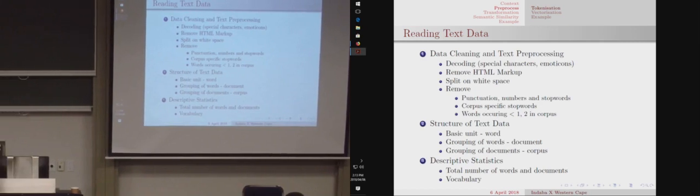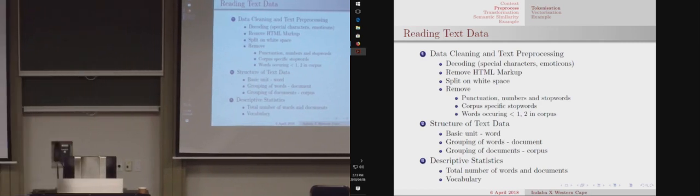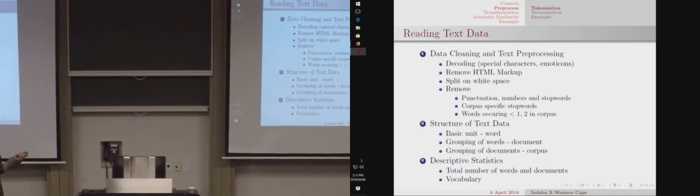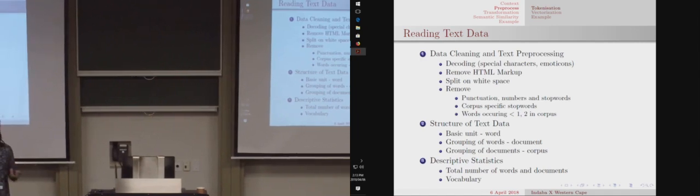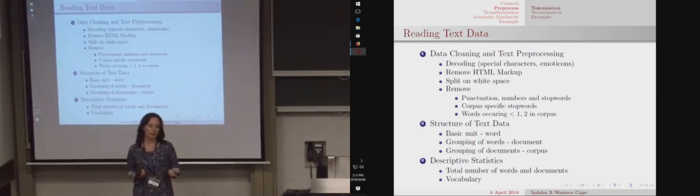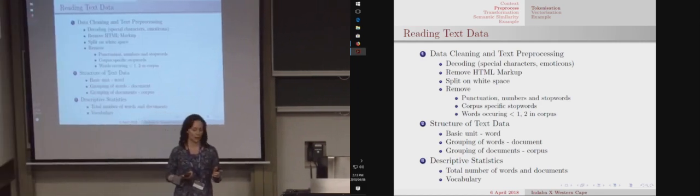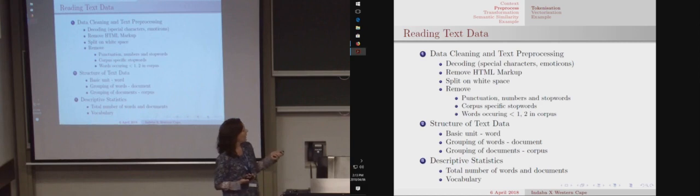So you need to just work through decoding. Obviously, we remove all HTML markup. It doesn't have any semantic information that we are interested in. We typically split on the white space. So a word is the basic unit that we work with. We remove special characters, numbers, and stop words.